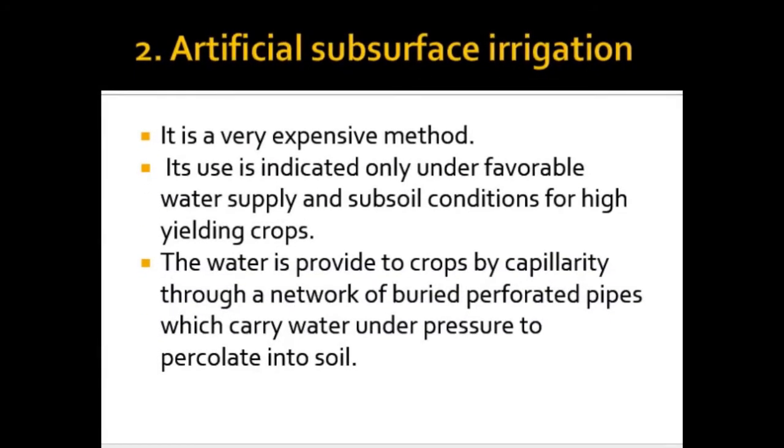The second classification is the artificial subsurface irrigation method, and it is a very expensive method. Its use is indicated only under favorable water supply and subsoil conditions for high yielding crops. The water is provided to crops by capillarity through a network of buried perforated pipes which carry water under pressure to percolate the soil.